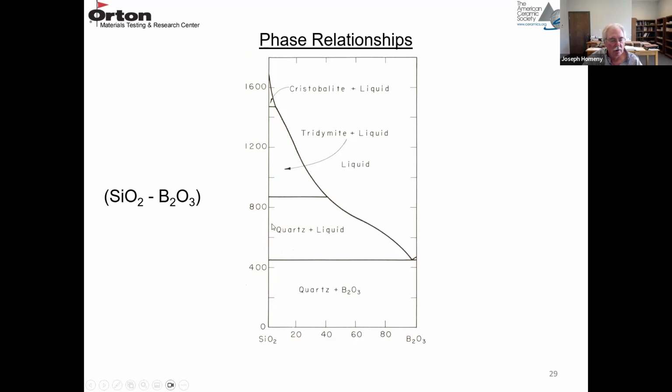You're not going to have quartz present in a fired MgO, but you may have tridymite or cristobalite. So you can see right here above 800 degrees C, you have tridymite and liquid, and then at higher temperatures, you have cristobalite and liquid. But you're forming liquid at a pretty low temperature if these two are concentrated in the grain boundary.